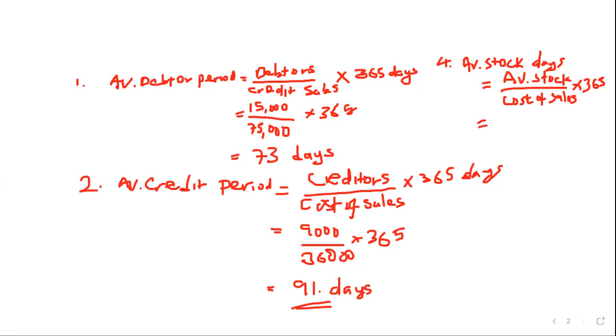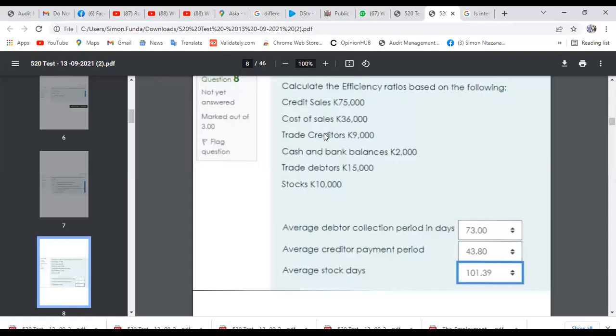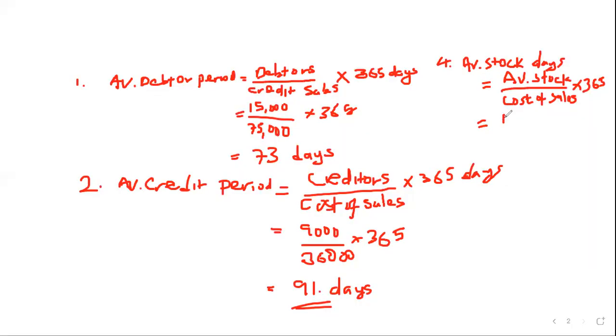So the average stock was how much? So I've got 10,000, the cost of sales at 36. So 10,000 over 36 times 365.